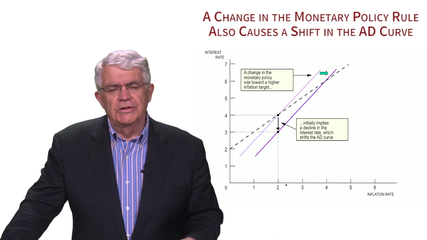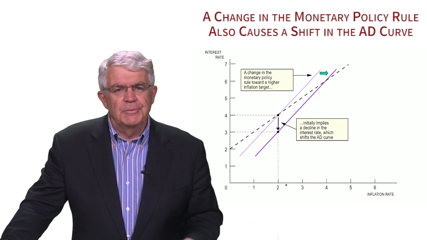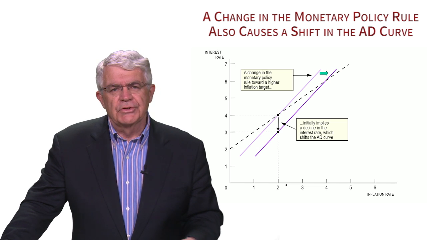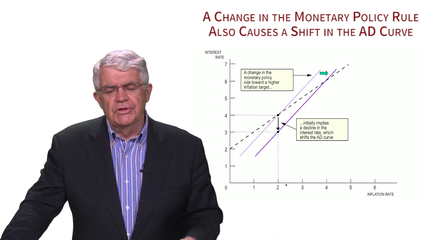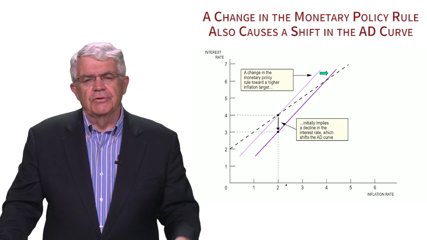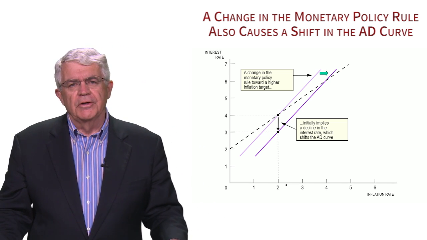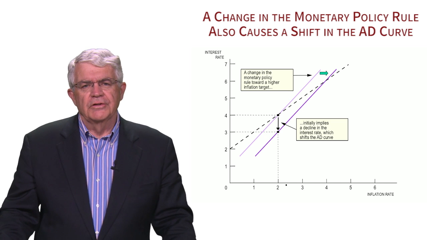And that decline in the interest rate is really what's going to now affect aggregate demand, because the lower interest rate increases the demand for investment, increases the demand for net exports, etc., and that's a shift in the aggregate demand curve.